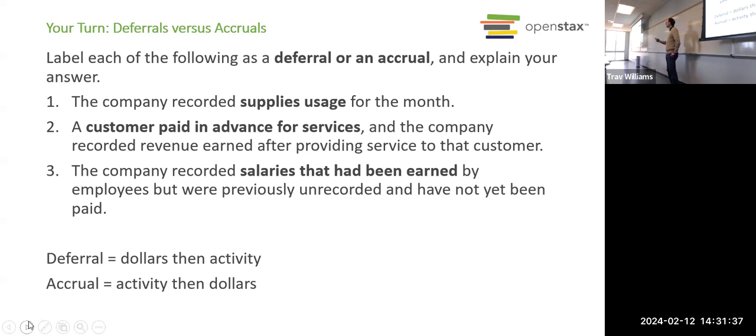Because that expense happened first, before the employees got paid, right? And an expense is an activity, dollars are happening later, so accrual is right. So if you can just remember that little mnemonic device there, I think it's going to make this chapter a lot easier. Does anyone have questions?